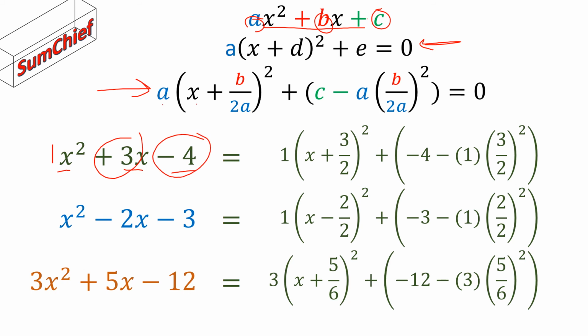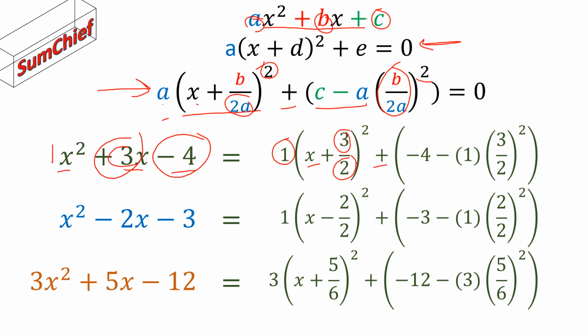So a times x plus b over 2a, that's your a, that's your x. B is plus 3, and 2a, 2 times 1 is 2, and squared, that's what we got here. And then plus c minus a times b over 2a squared.